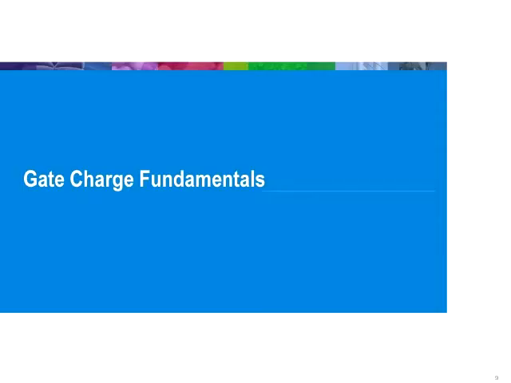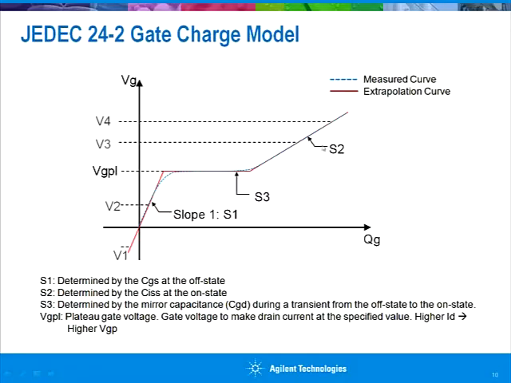Okay, so next, I'd like to share the basic physics of gate charge. In the JEDEC standard, the gate charge curve is defined as these three slopes. One is the first slope. This slope is determined by the input capacitance at the off state.